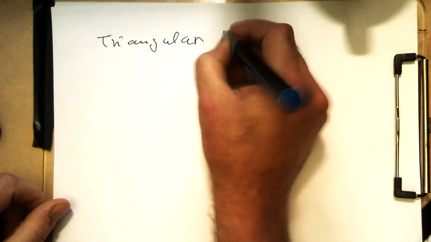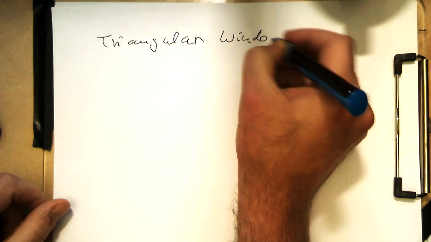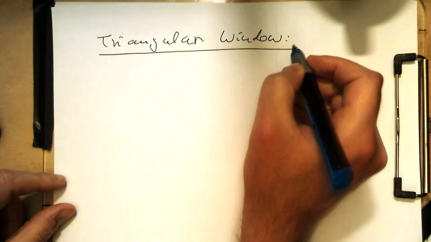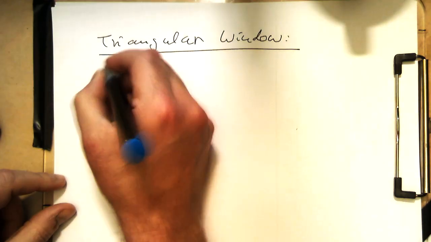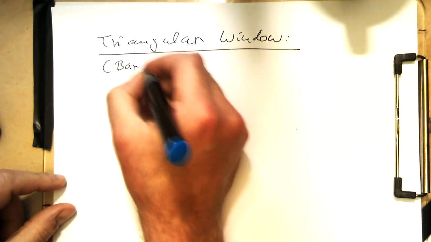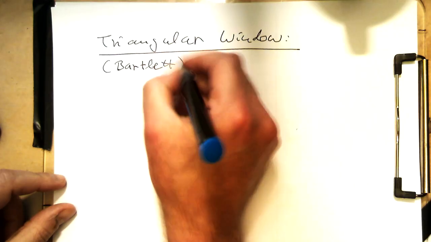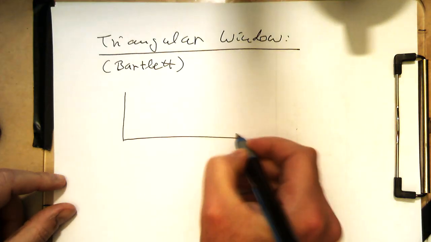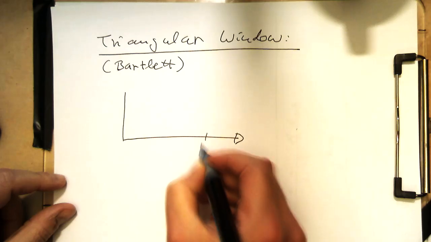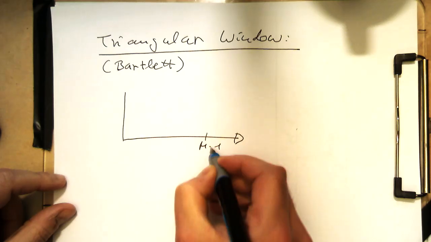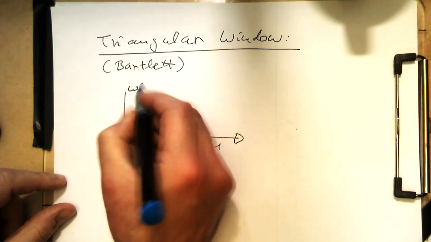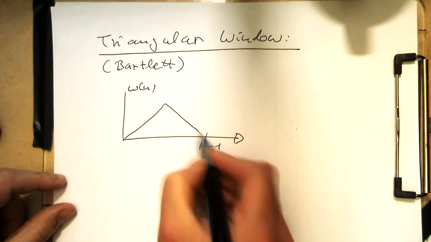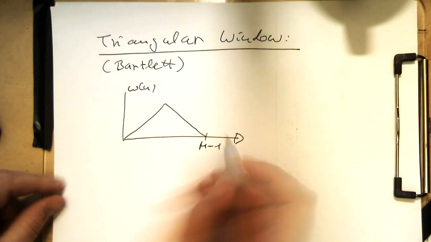Triangular window, which is also called Bartlett window. That's obviously very simple. That just goes up and down here.